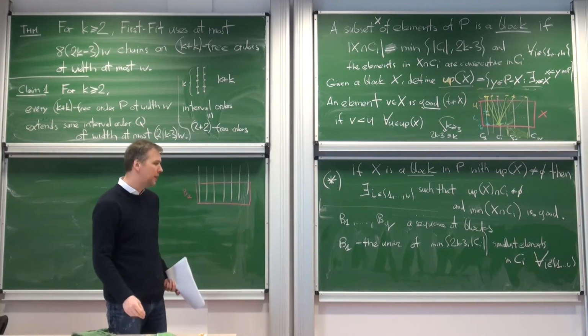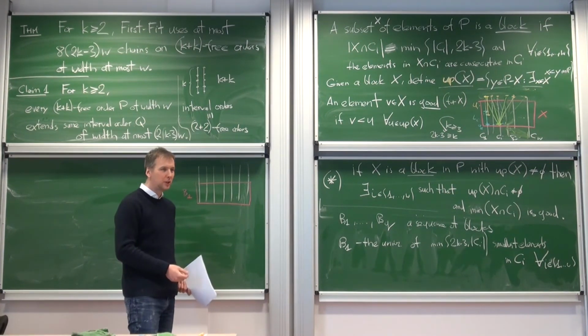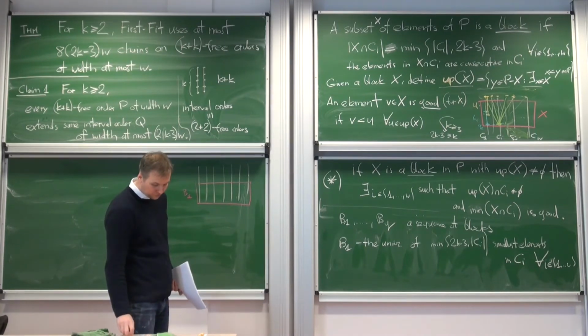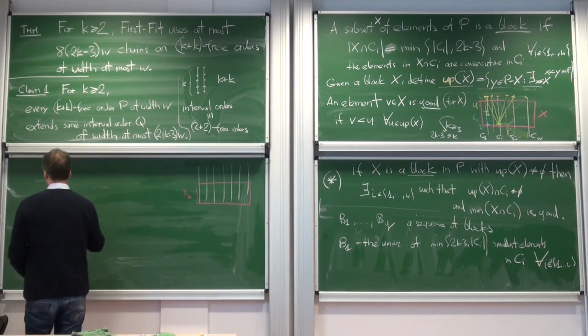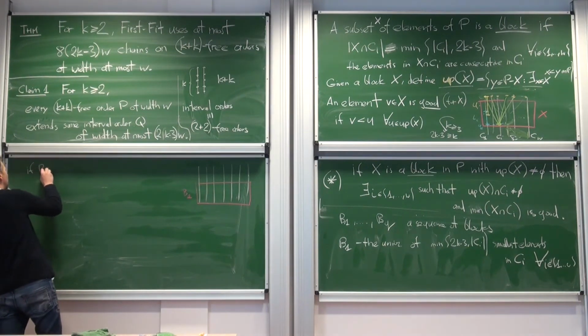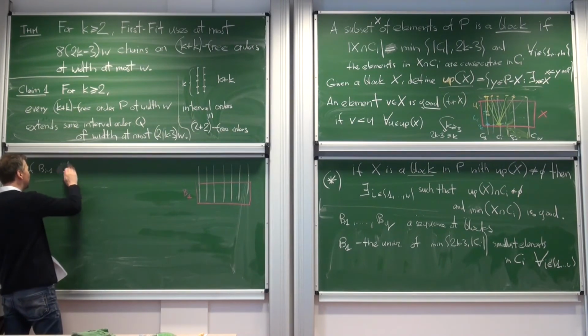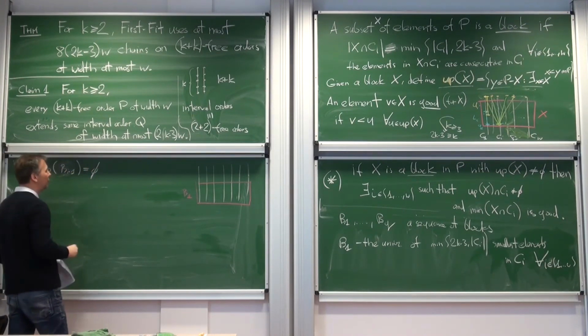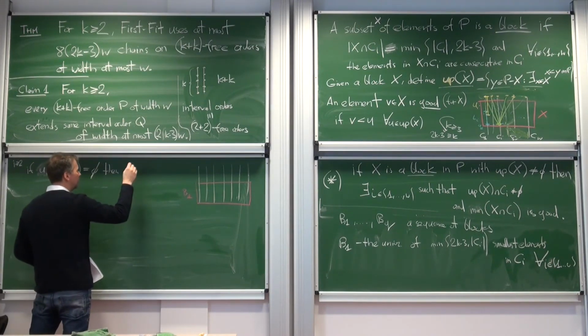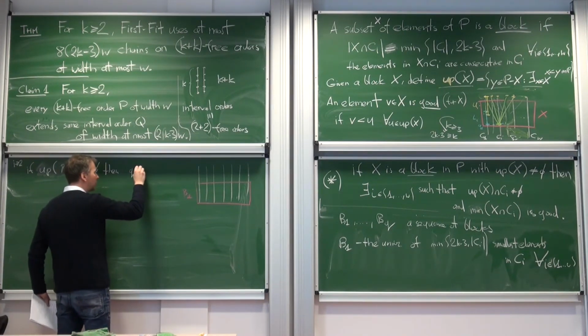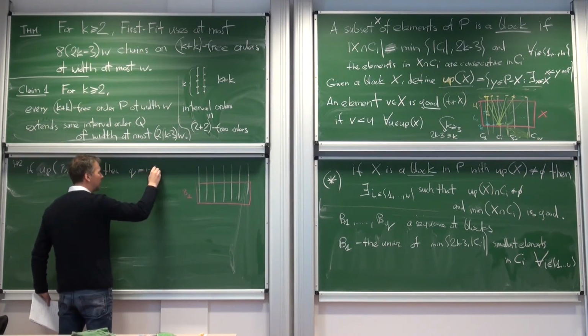Now, how do we proceed with the next block? Well, as long as Bi minus 1 is non-empty, if the up set of Bi minus 1 is empty, then we stop. So we say that Q is actually the last one, is i minus 1, yes?